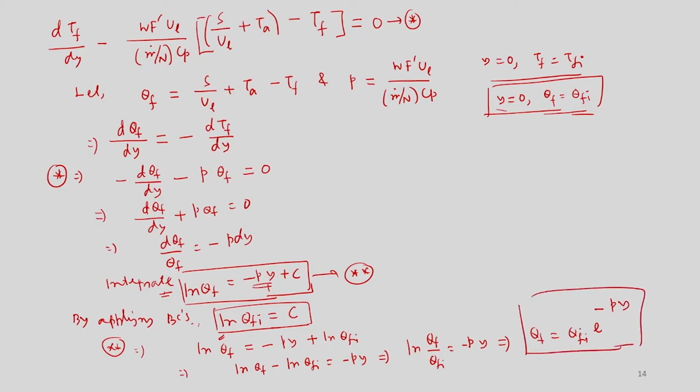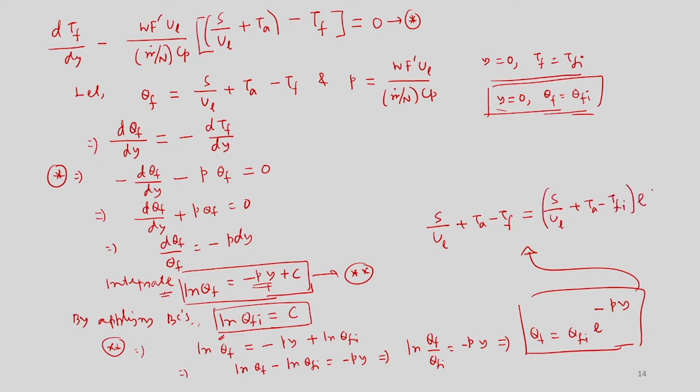So we can substitute those values p and theta here. Okay. So if we substitute this, then theta f is equal to S by U L plus T A minus T F. So theta f I is how much? It will be S by U L plus T A minus T F I. Okay.